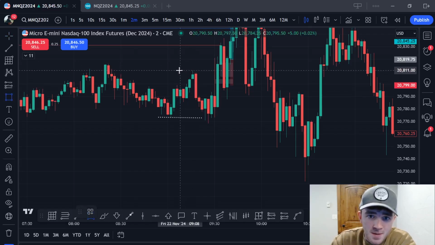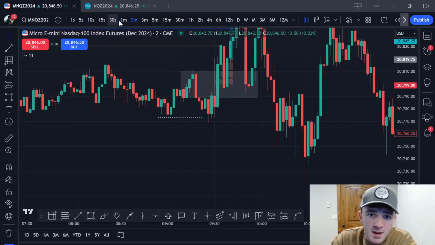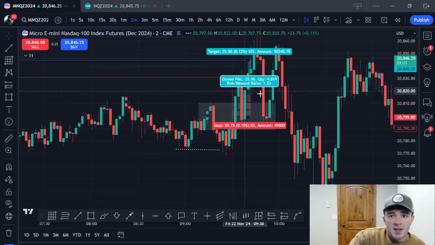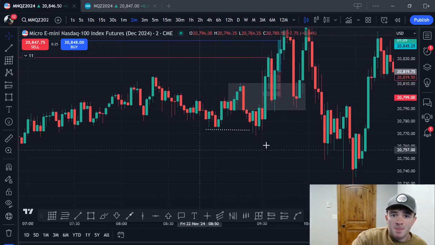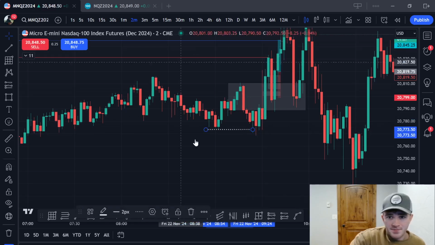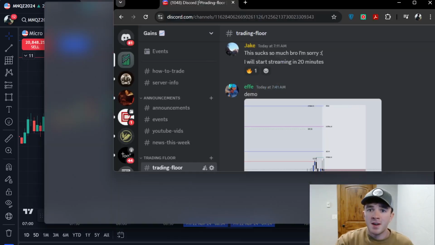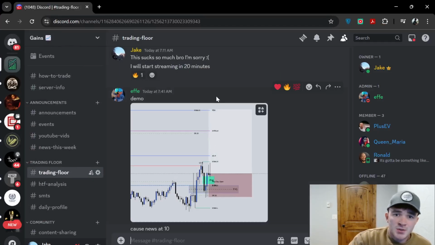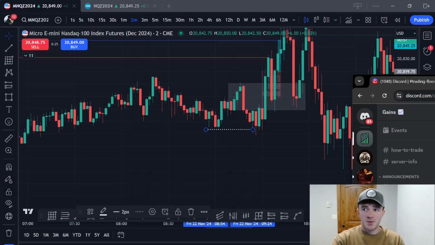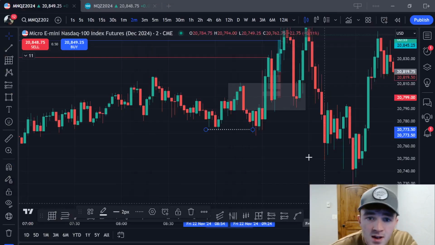So it was just a high confluence trade to Asia's highs, a short 1-to-1. You can see how everything lined up pretty well here. So good job, FA. Unfortunately, after Asia's highs, you would not have been able to leave runners towards PM's highs and previous day's highs. So you would have really just got a 1-to-1 trade there.